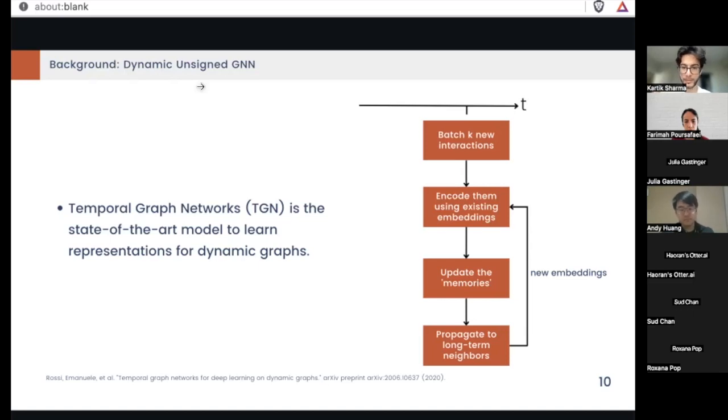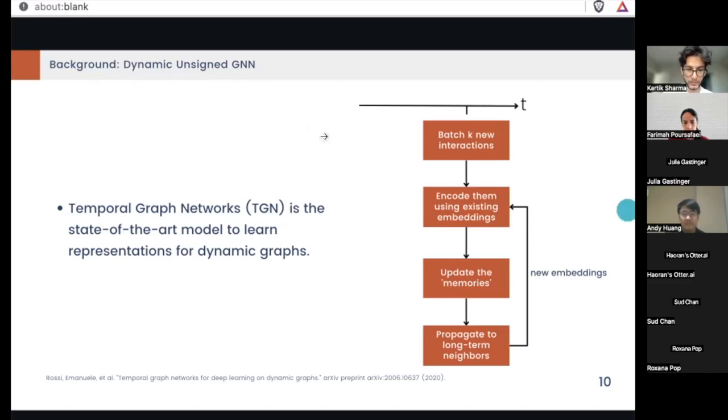So this is very briefly what temporal graph networks does, and it represents the links or nodes in a temporal manner. If there are any questions, you can ask them as well.